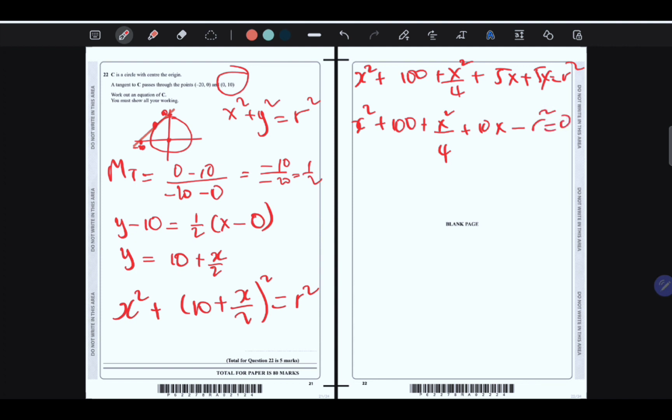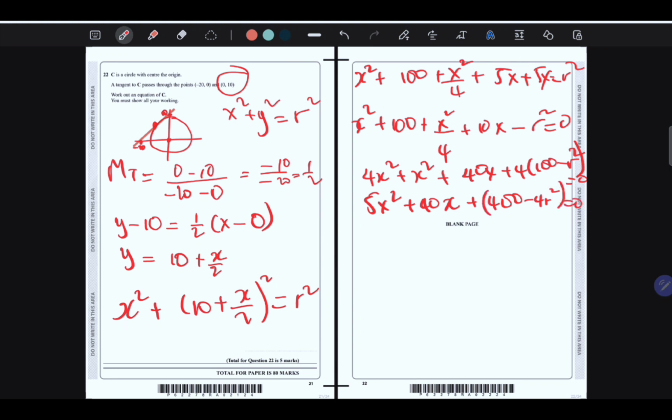So this is like a quadratic. I'm going to multiply all through by 4 so that we get 4x squared plus x squared plus 40x, and then plus 4 into 100 minus r squared equal to 0. So those are the constants. This will be 5x squared plus 40x plus 400 minus 4r squared equal to 0.